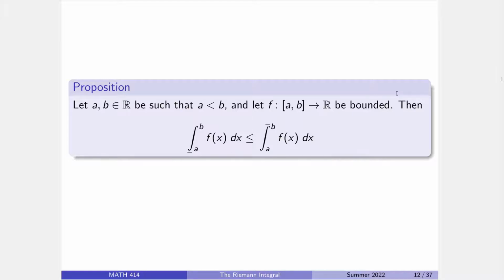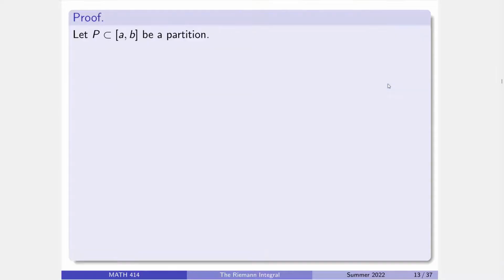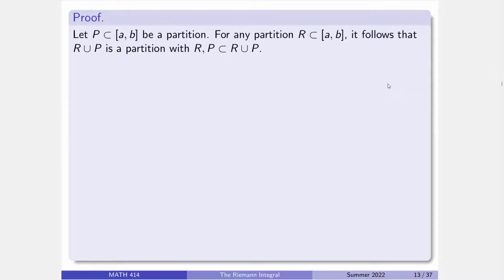All right, but indeed these are always less than or equal to each other, so let's do the proof here, and that's why the previous proposition was done. Okay, so take any partition P for [a,b], then if you take any other partition R, the union of those two must be a partition, right? It's a union of two finite sets, so it remains finite. a and b are in both sets. So it's a partition that contains both R and P. It's the union of the two, so it contains the two.